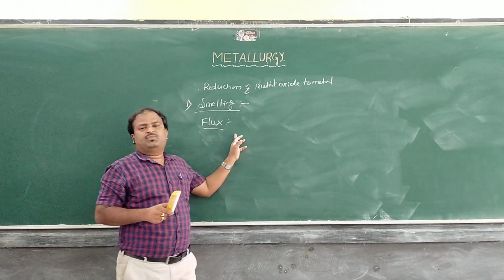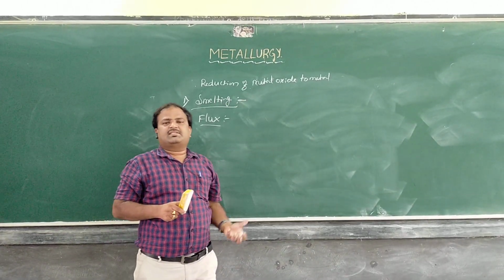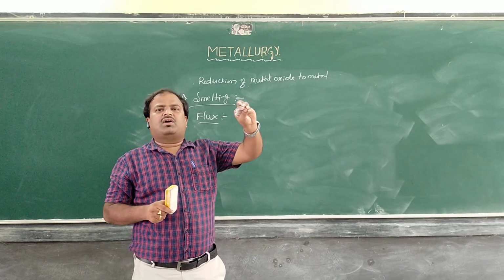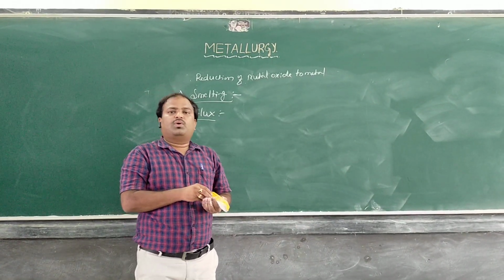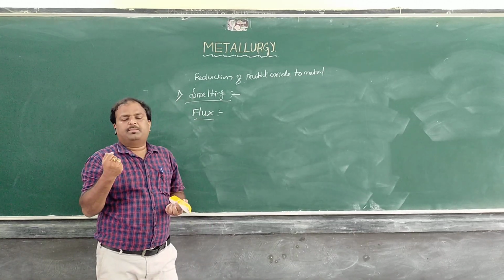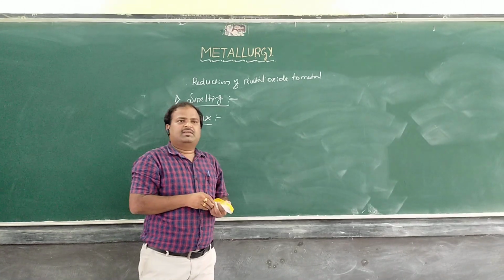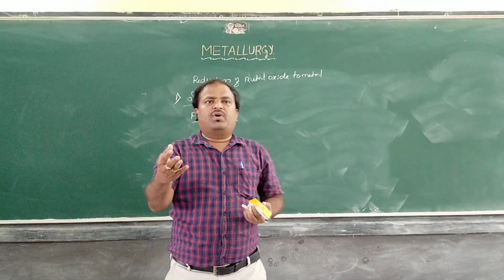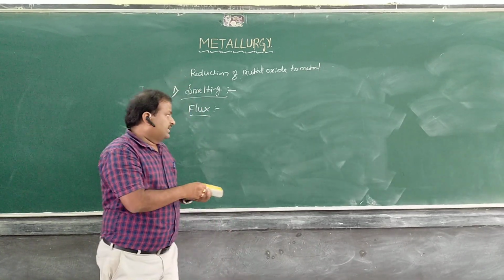Flux is nothing but a chemical substance which is added to the concentrated ore during the smelting to remove the gangue particles or the impurities to form a fusible product that is called slag.